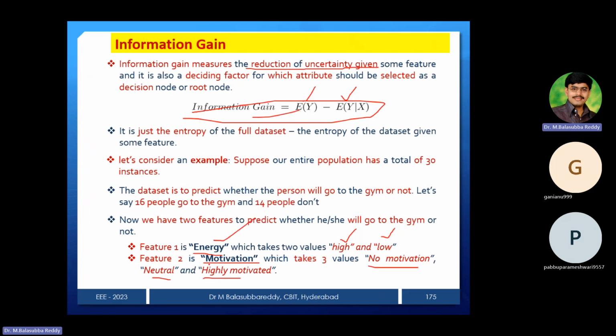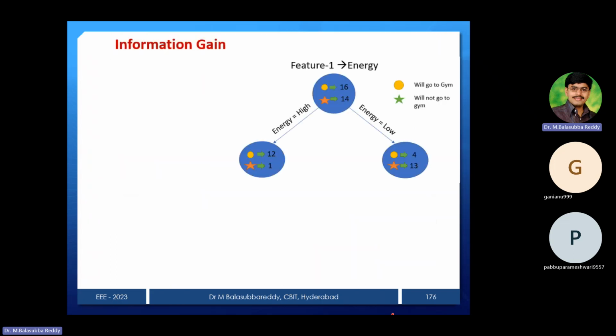Then we'll move on to motivation and calculate the information gain there, and based on which one is best, we can decide. Because it reduces the uncertainty, no? So once we calculate the information gain, we can easily decide whether energy is the root node or motivation is the root node. Now we can consider energy.